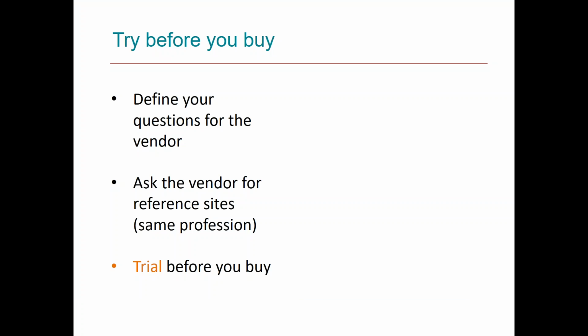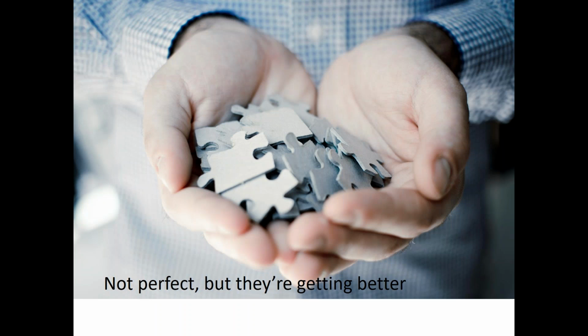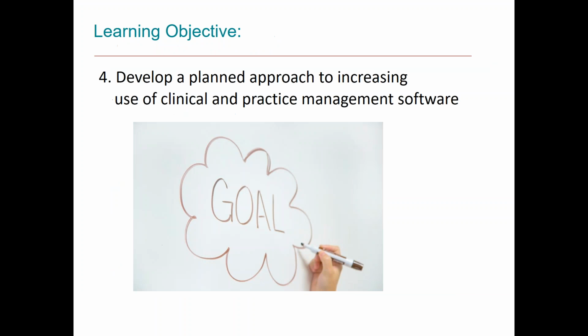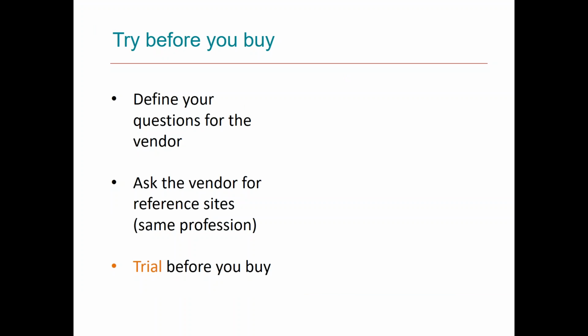So one of the suggestions I would make tonight is that you try before you buy. Define your questions, sort out what you would like, define your questions for the vendor, ask them for reference sites in the same profession as you, and trial before you buy.